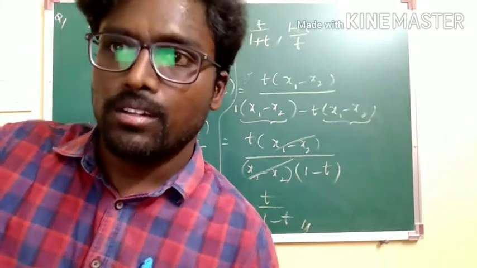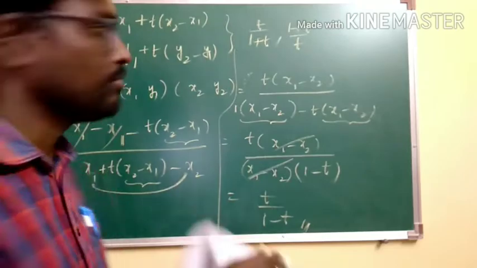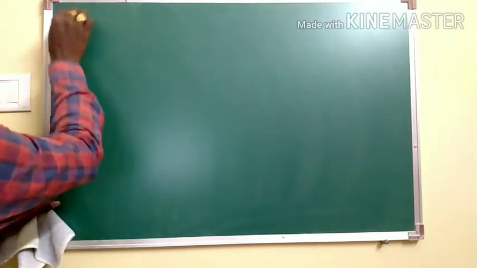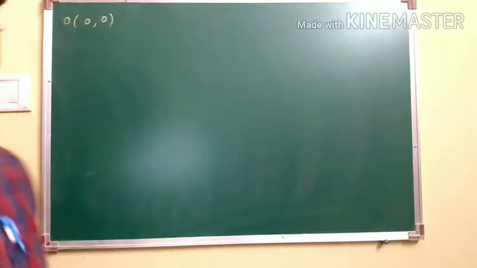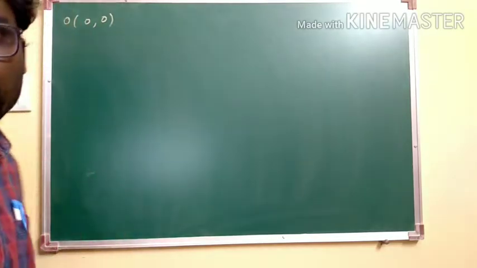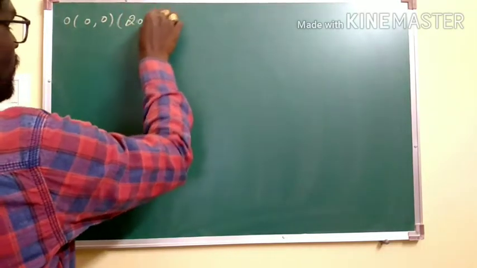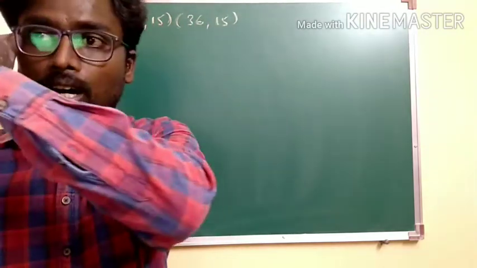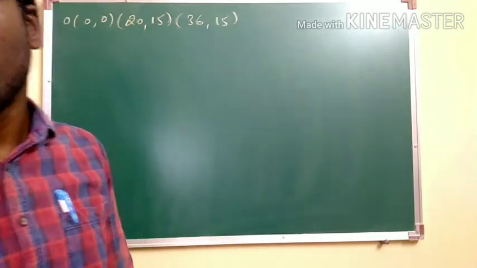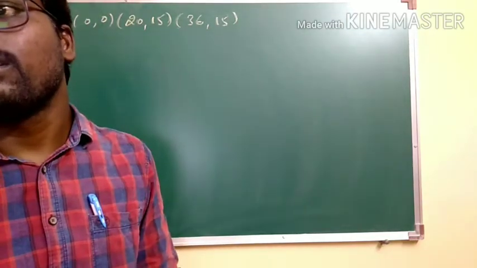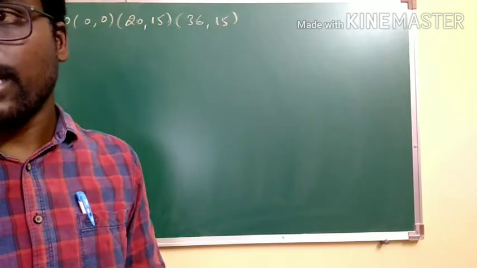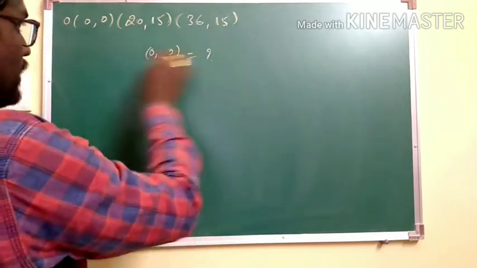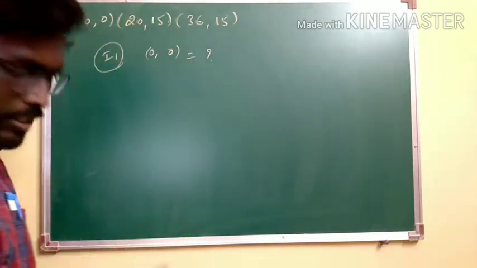0 comma 0, 20 comma 15, 36 comma 15 are the vertices of a triangle, then the excenter opposite to vertex 0 comma 0.